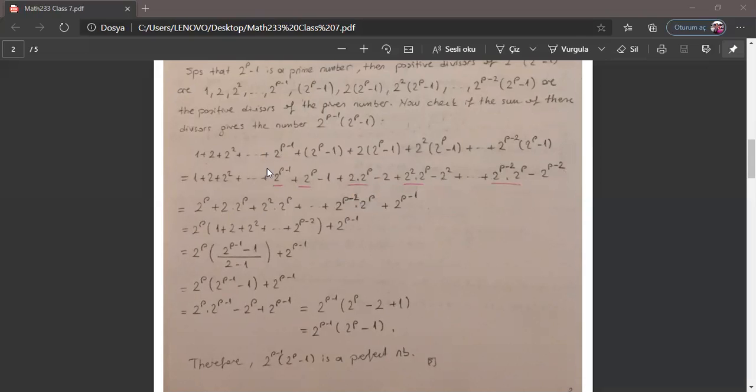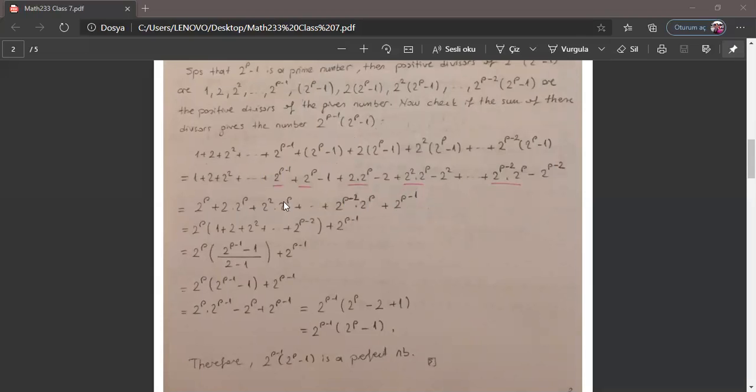So we will simplify with this here. It will be 2 to the p minus 2 before this number. And here we have minus 2 to the p minus 2, so they will be simplifying again. And as we don't have the number itself here, we don't have minus 2 to the p minus 1. So we have here this number.